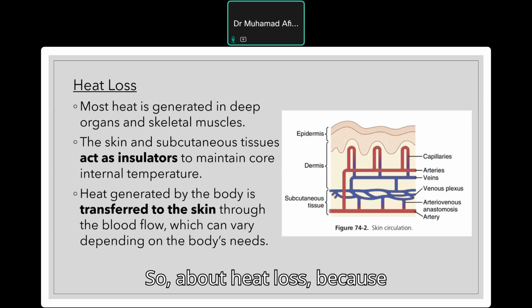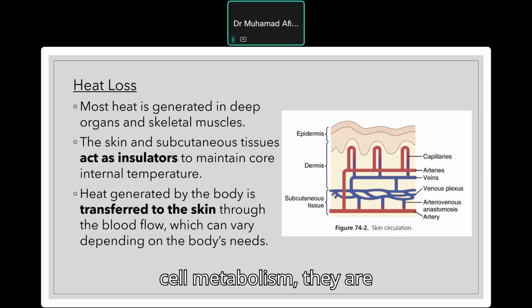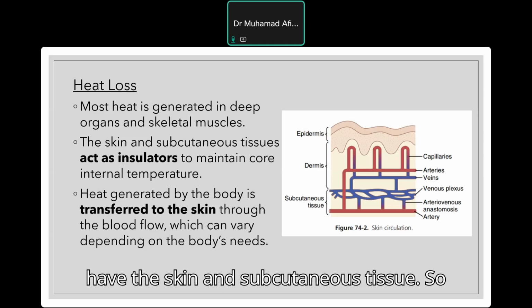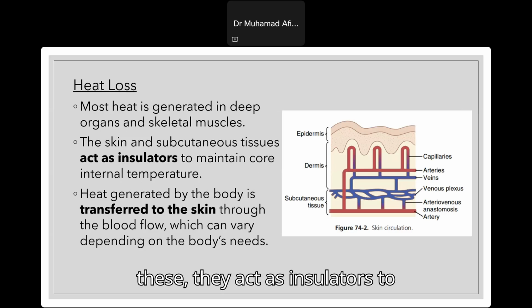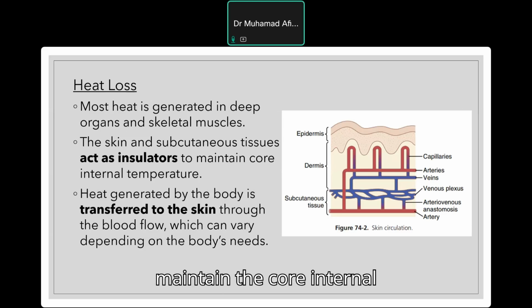About heat loss: most of the body heat generated through cell metabolism is generated in the deep organs or in skeletal muscle. And we have the skin and subcutaneous tissue, which act as insulators to maintain this heat so that we can maintain the core internal temperature.